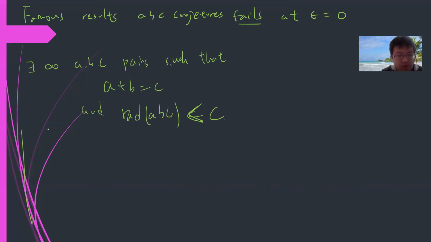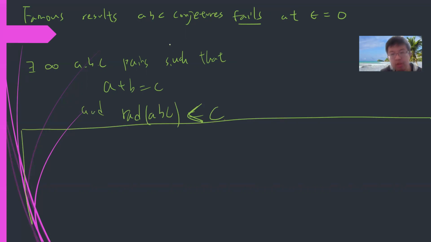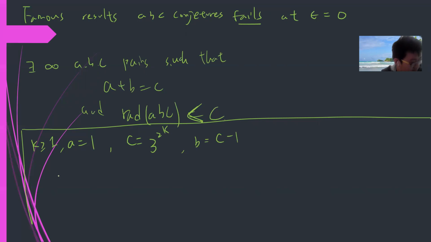Let me just quickly give the proof. Basically, that's why epsilon needs to be greater than 0. I think this is very old. Let K be greater than or equal to 1, let A be 1, pick C to be 3 to the 2 to the K, and B to be C minus 1. You can easily check there is a lemma saying that 2 to the K plus 2 divides 3 to the 2K minus 1.